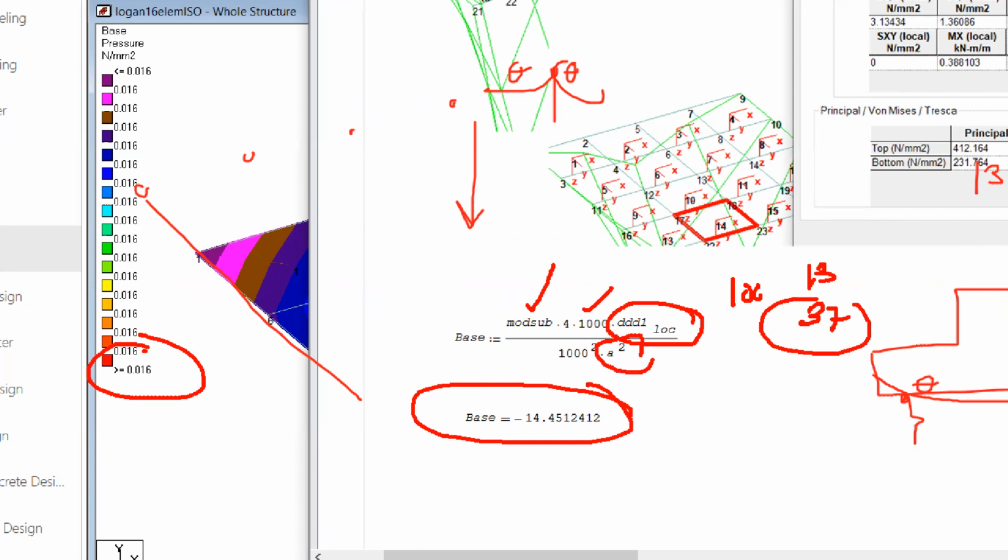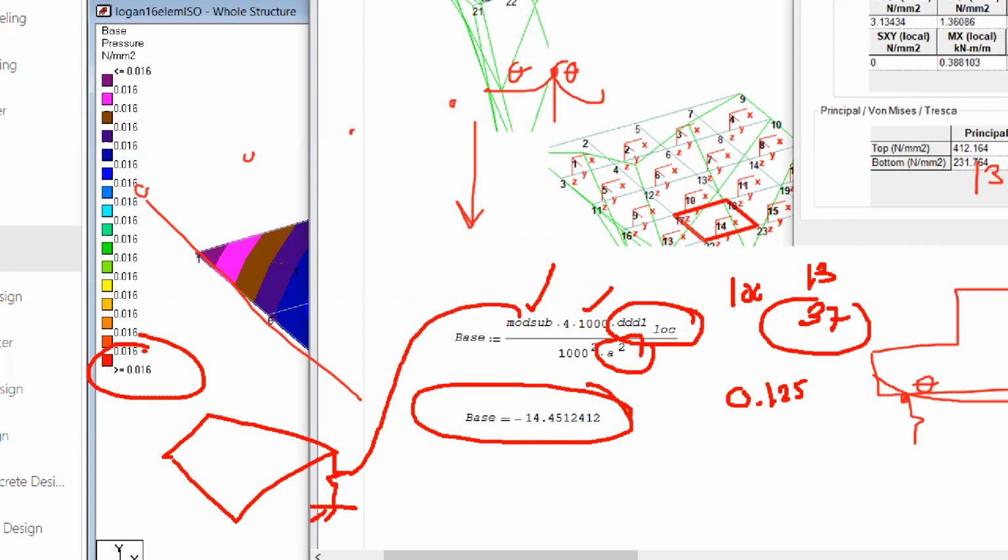Our mesh size is 0.125. So basically, if you know your spring value here, then you also know the corresponding displacement at that node, which this one provides.